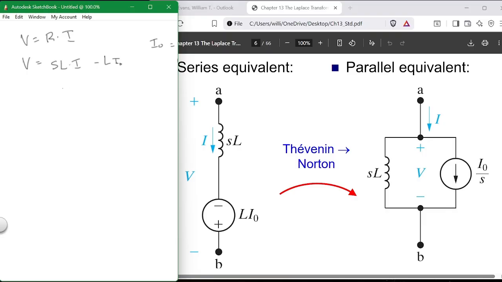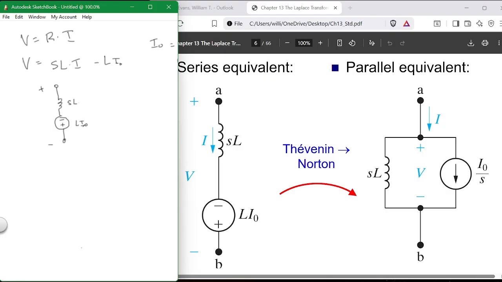When I see an inductor, I do this. Now that's a DC amount, and you notice the plus is on the bottom of the inductor. So this is S times L, and this is L times I 0.